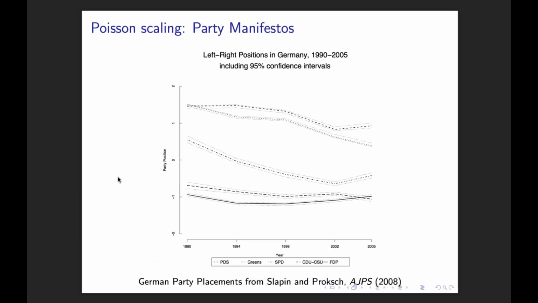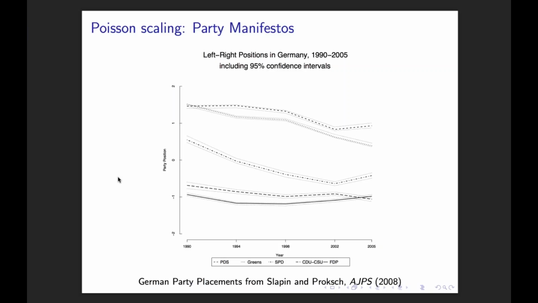In addition to thinking about central bankers, we could also think about political parties. So here's some work from John Slapin, who's the instructor for this course, and his co-author, Sven-Oliver Proksch, in a paper that was published in the American Journal of Political Science. Here they're looking at party placement, so how left or right political parties in Germany are, based on their party manifestos, so based on what the political party itself says about itself.